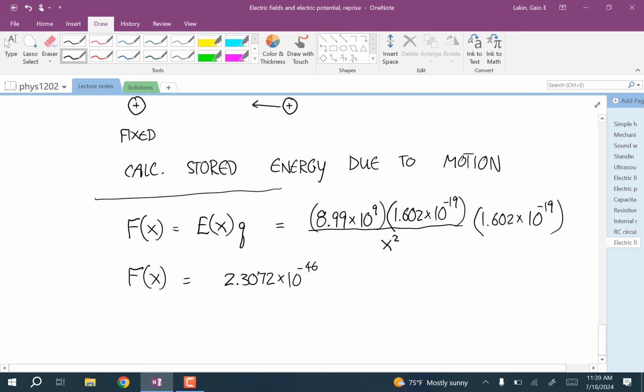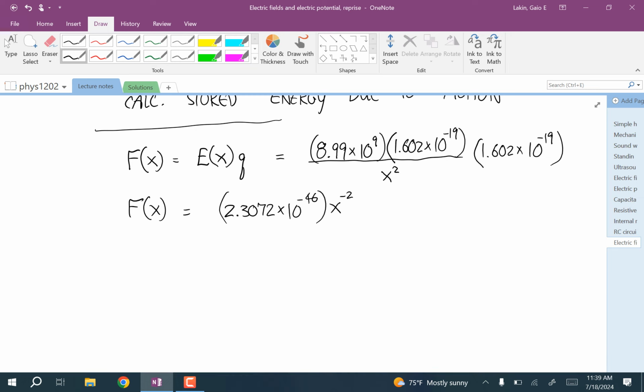The smallest number you've ever thought about, times x to the negative 2 exponent. But the key thing is that for a positive x, this force is in the positive direction, which is what it needs to be. We know that this fixed charge is trying to push the moving charge to the right in the positive direction.